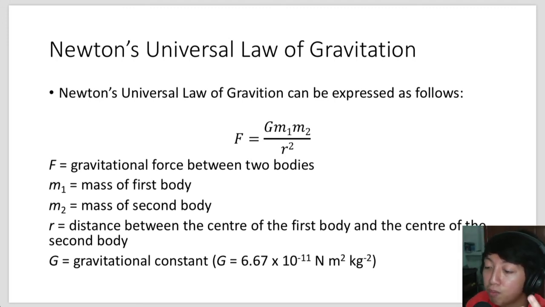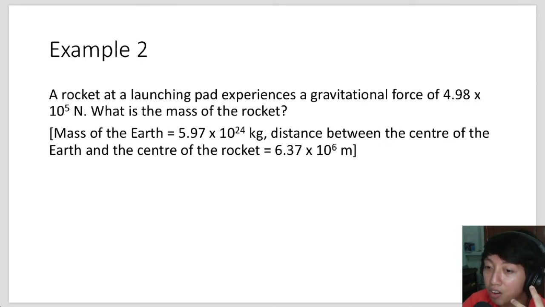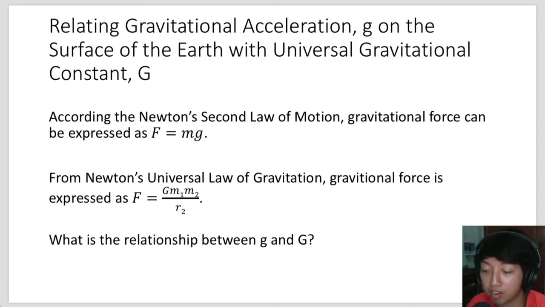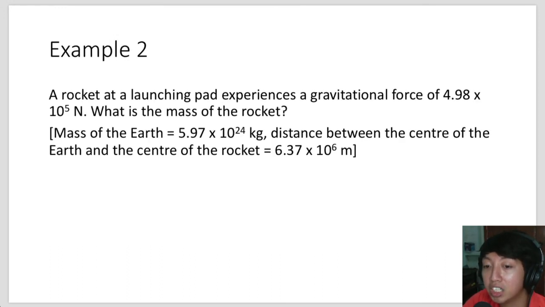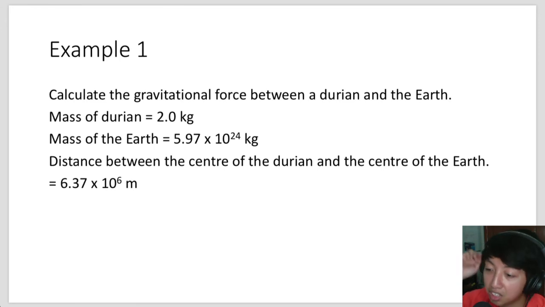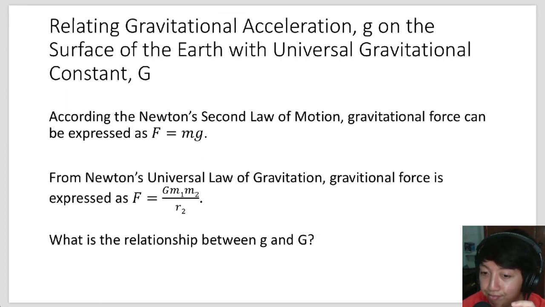So no matter which planet or space body you're calculating, you're always using the same gravitational constant. That is why in other questions like example 1 and example 2, they did not give the gravitational constant, because it's always going to be the same. So this is a number that you need to remember. You need to memorize this number.